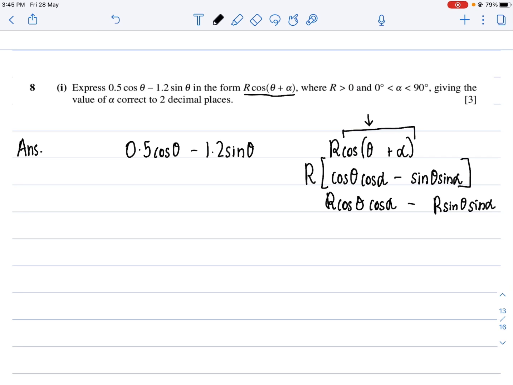Now I know both of these are equal. If they are equal, I can compare both of them. What does compare mean? I have cos theta here. What is the coefficient of cos theta? R cos alpha, correct? Which is equal to the cos theta coefficient here, which is 0.5.